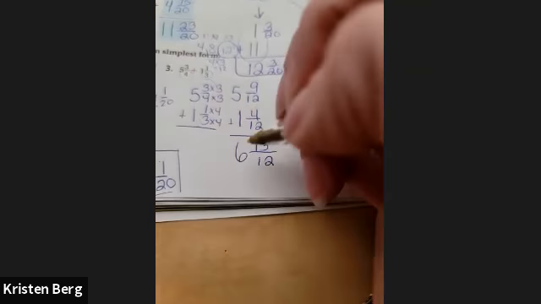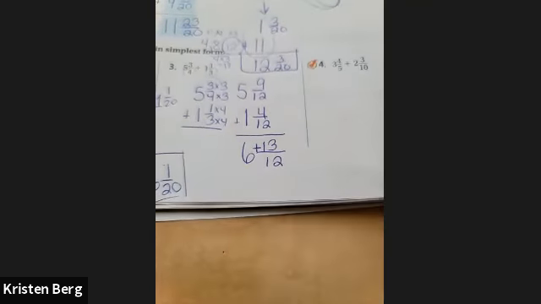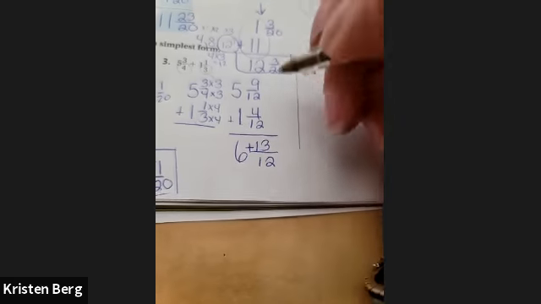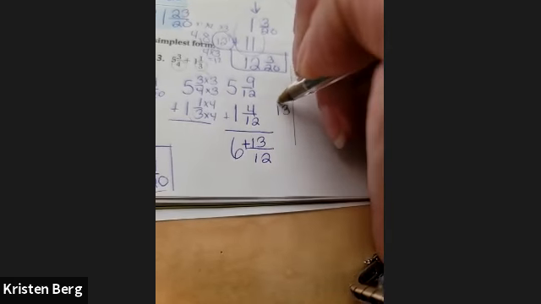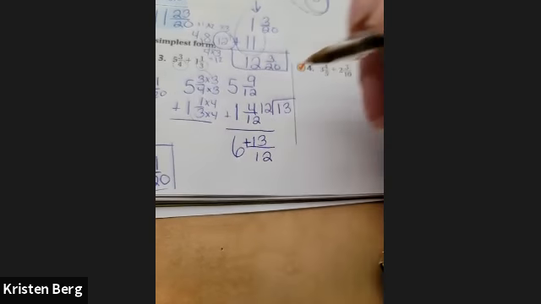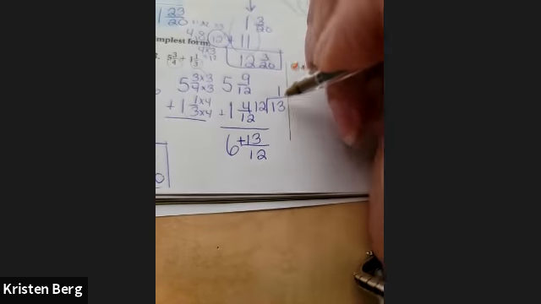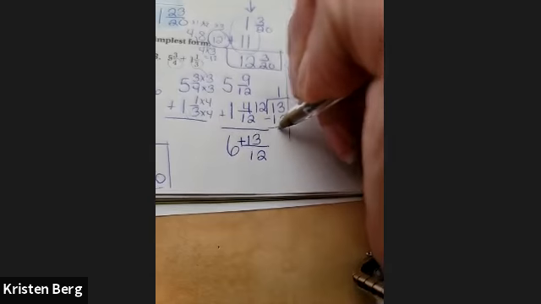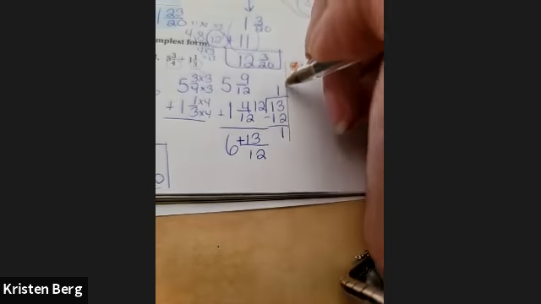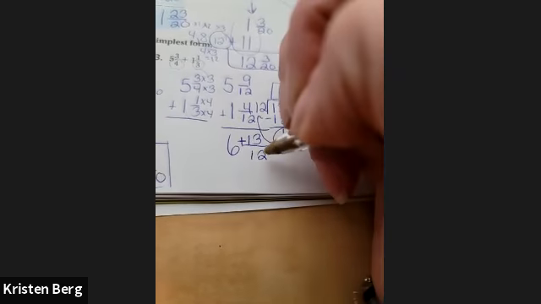So what we have to do again is split them to figure out what that is. 13/12: 12 can go into 13 one time. That would be 12, subtract, that would be 1. So that would be 1 and 1/12.